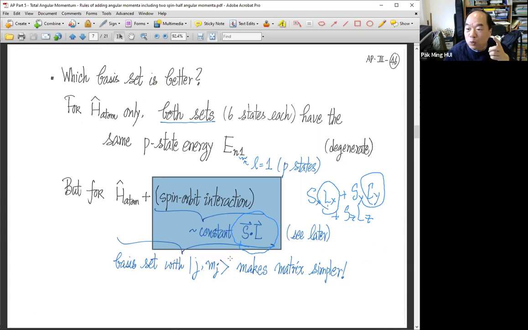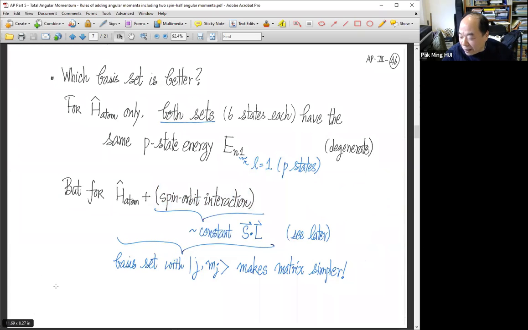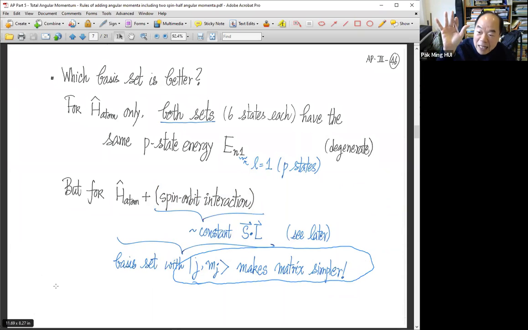So we have to switch description to J, MJ, which will automatically take good care of this interaction term. So mathematically, it comes back to the perturbation theory discussion: this will make the big matrix look easier when we change from that 6-state description to the new J, MJ 6-state description. That will make that part of the matrix diagonal. Nice. Looks very nice.